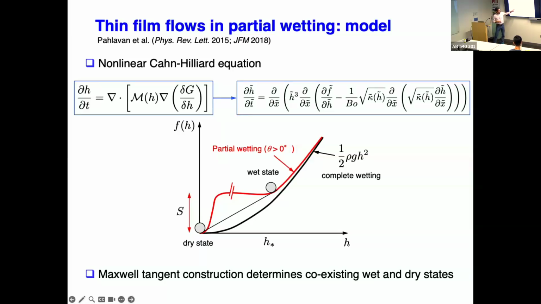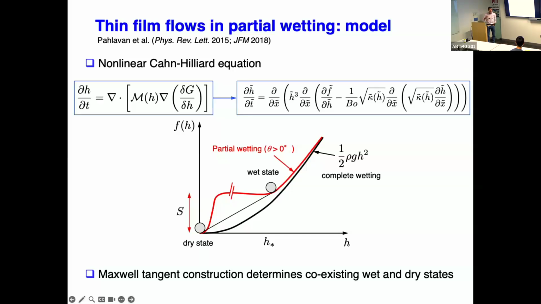So if you look at the bulk or macroscopic component of the free energy, instead of being just a parabola, which is what you would expect for a completely wetting system, you have a bulk free energy that has sort of a double well. You can draw the Maxwell tangent construction and determine what is the ultimate film thickness, which is going to depend on the contact angle of the liquid with the substrate.